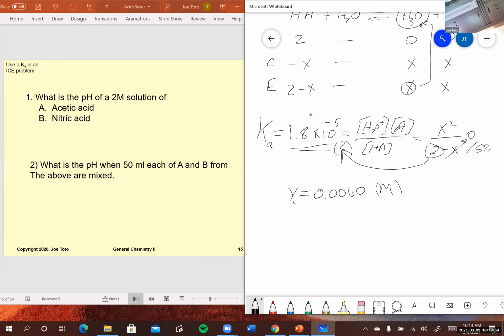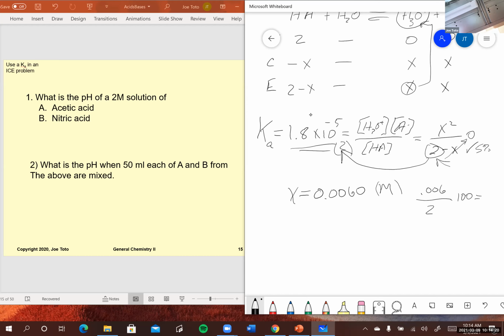All right, so I have to check the 5% rule. So what I'm going to do is I want to see if 0.006 is less than 5% of 2. That's what I neglected it from. And so I get divided by 2 times 100.